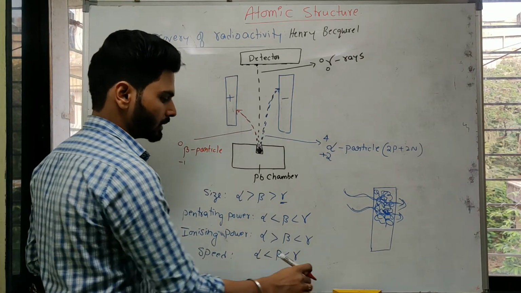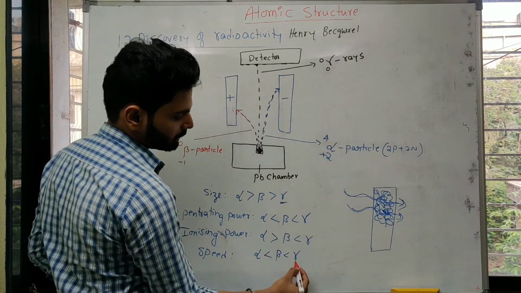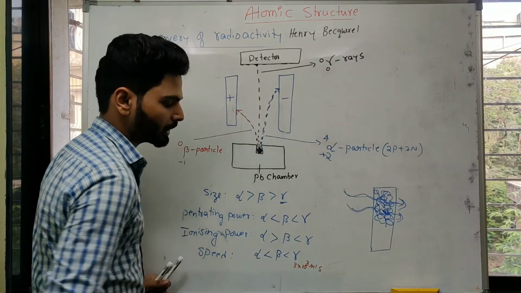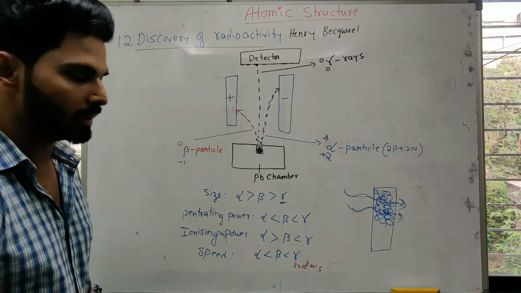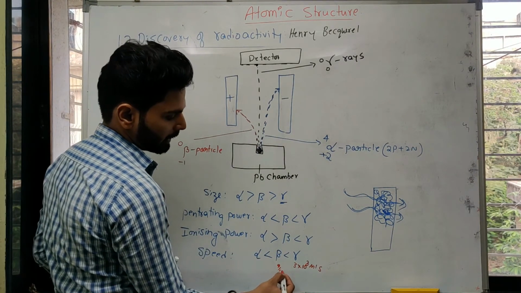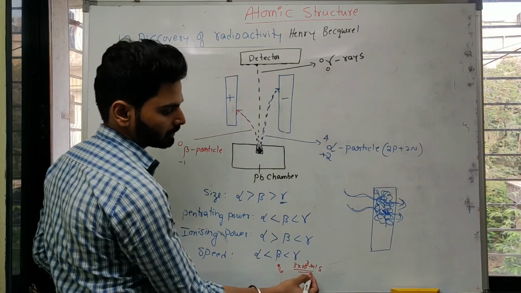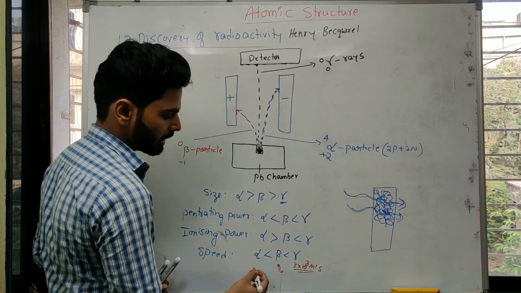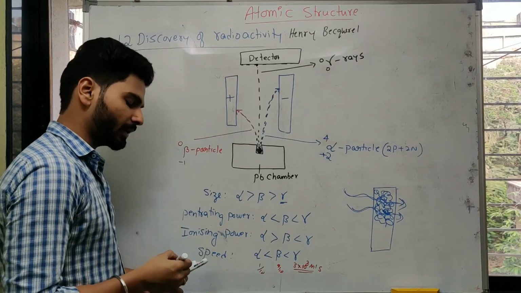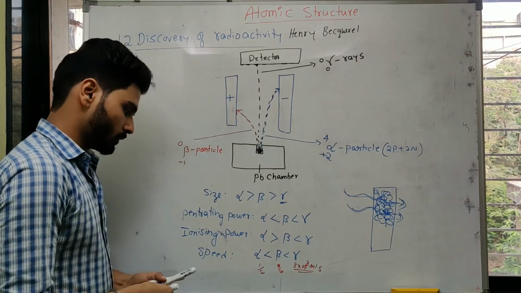Gamma speed, roughly, is the same as that of other electromagnetic radiation, which is 3 into 10⁸ meter per second. This is the speed of light. That of beta is 9/10 of this speed, and that of alpha is 1/10 of this speed. Roughly we can compare in this way.